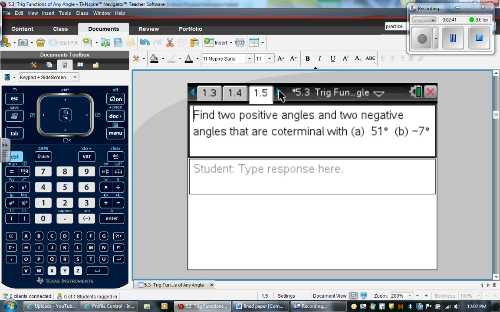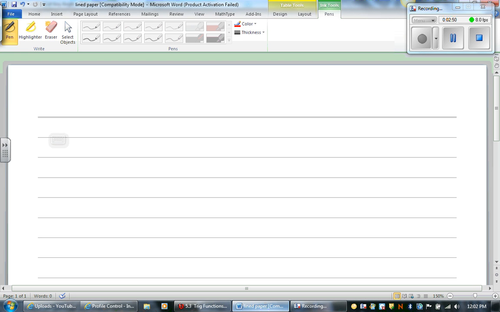All right, so find two positive angles and two negative angles that are coterminal with 51 degrees and negative 7 degrees. Okay. So let's start with 51 degrees. So like we said, it shares the same initial and same terminal.